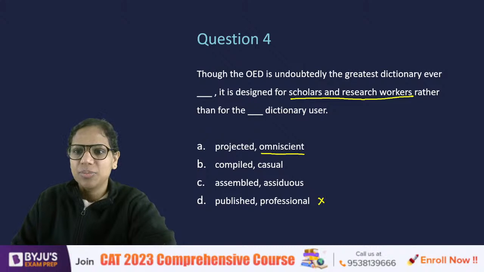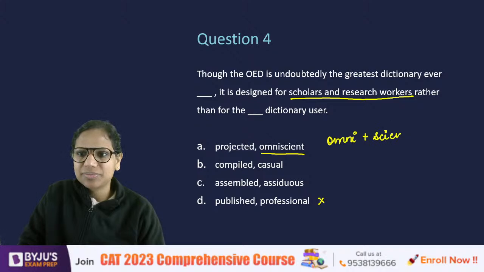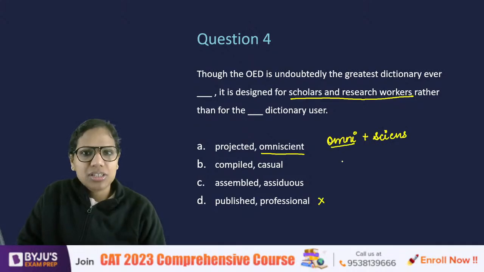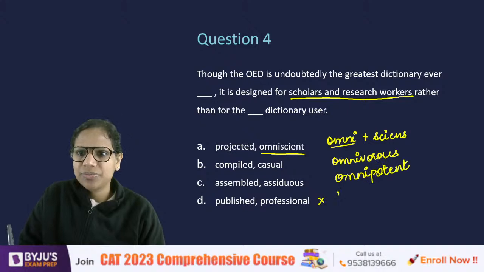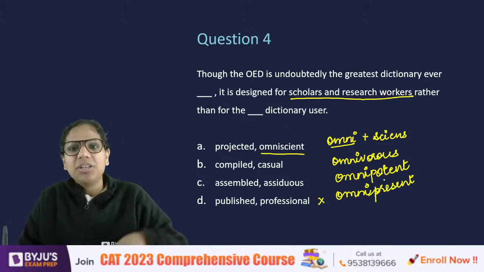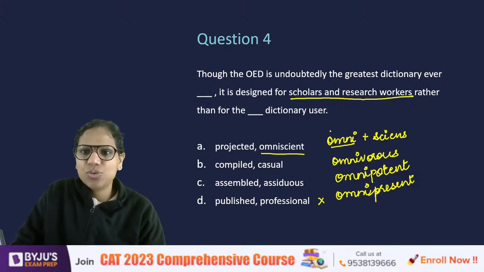Omni plus science. And of course, the nt has been used as a suffix here. Omni plus science. Omnivorous, omnipresent, omnipotent. You know these words, isn't it? So omni means something that is everywhere, right? So omni means all.